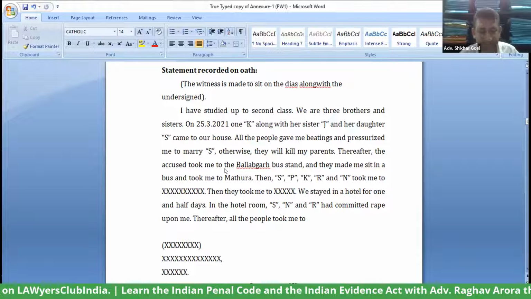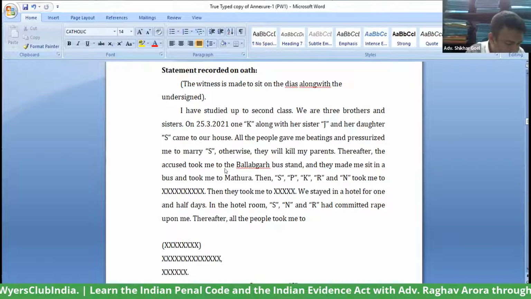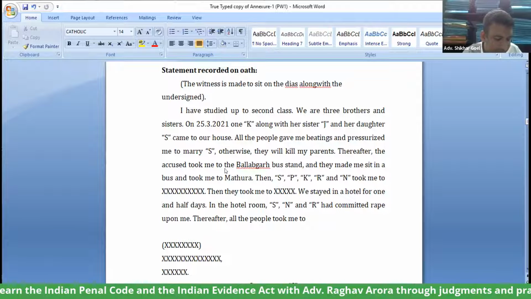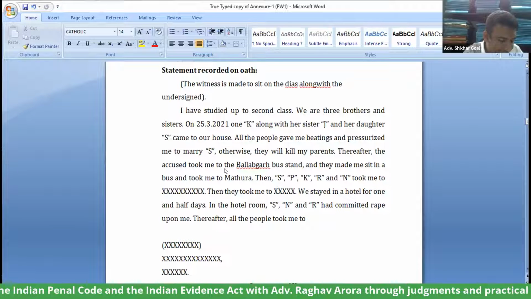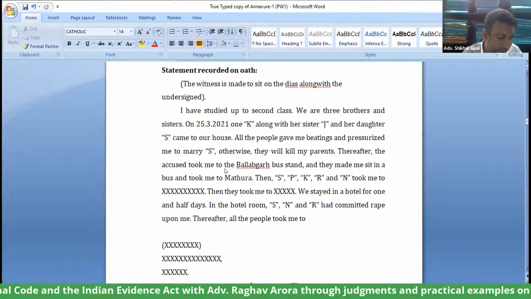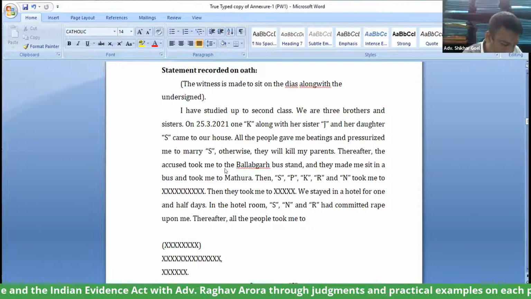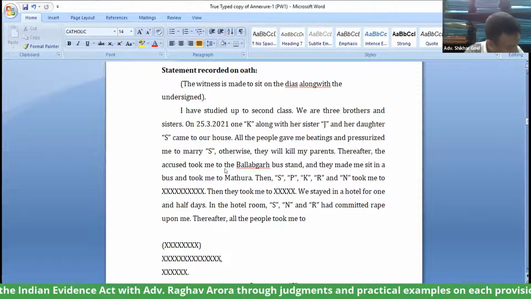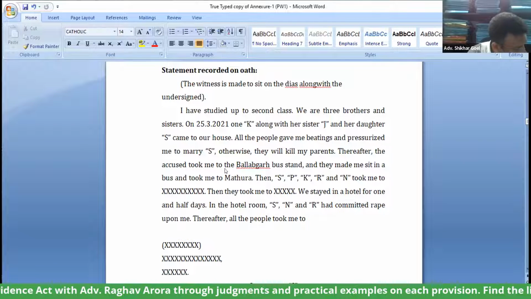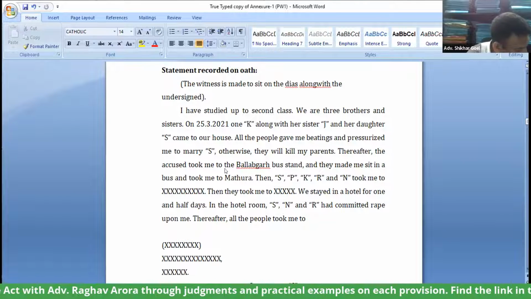Recording of confessions and statements. Any metropolitan magistrate or judicial magistrate, whether or not he has jurisdiction in the case, can record any confession or statement made to him in the course of an investigation under this chapter or under any other law for the time being in force, or at any other time afterwards before the commencement of an inquiry or trial. What is important is the proviso given after point number 5.